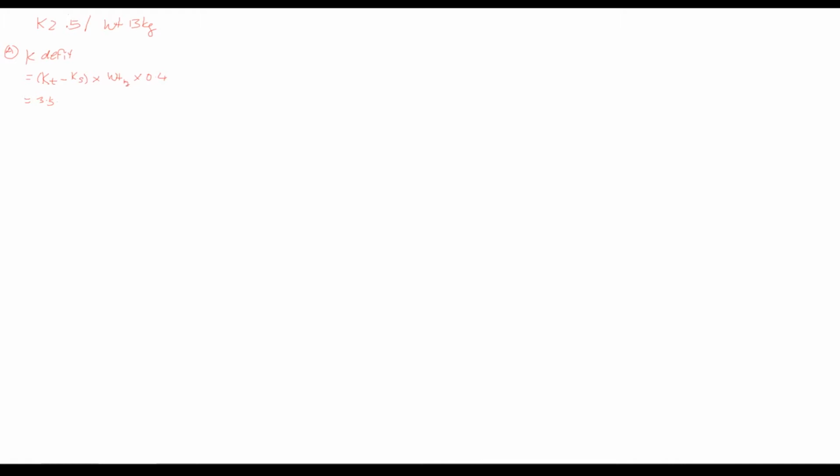So 3.5 minus the serum potassium, which is 2.5, times the weight, 13 kg, times 0.4. And we will get the number 5.2, and the unit will be in millimoles. So 5.2 will be the potassium deficit of the patient.